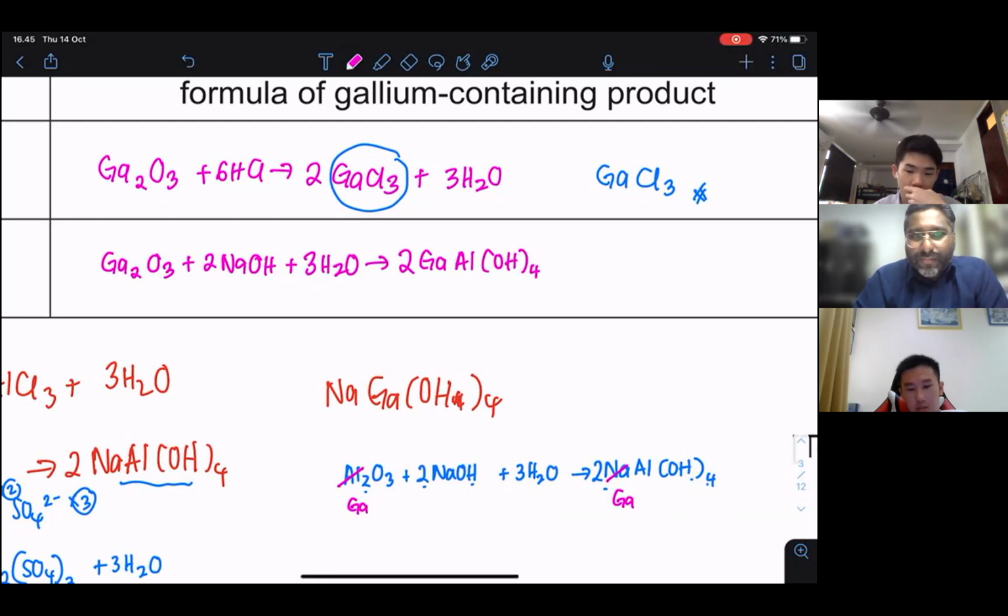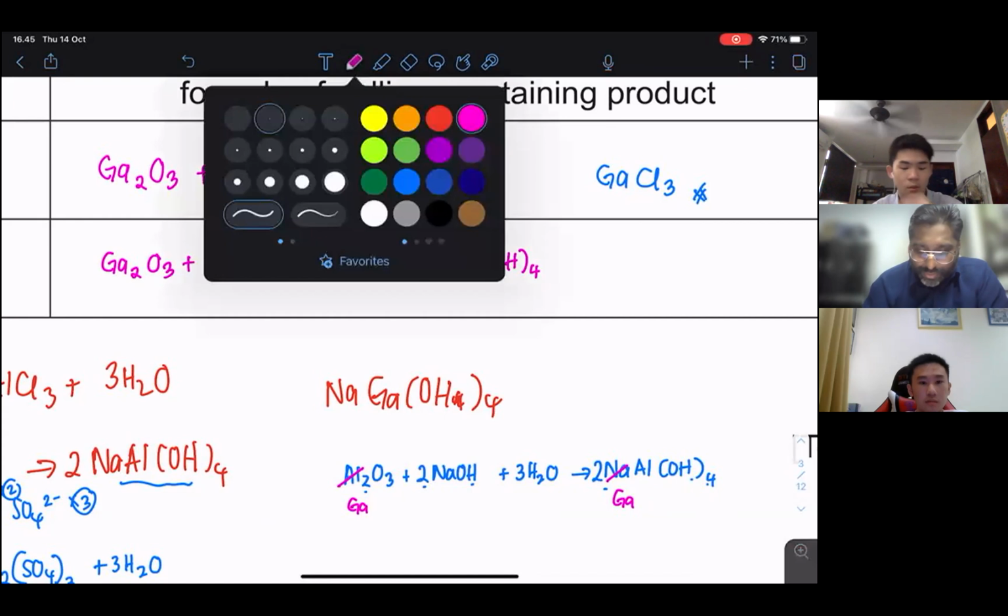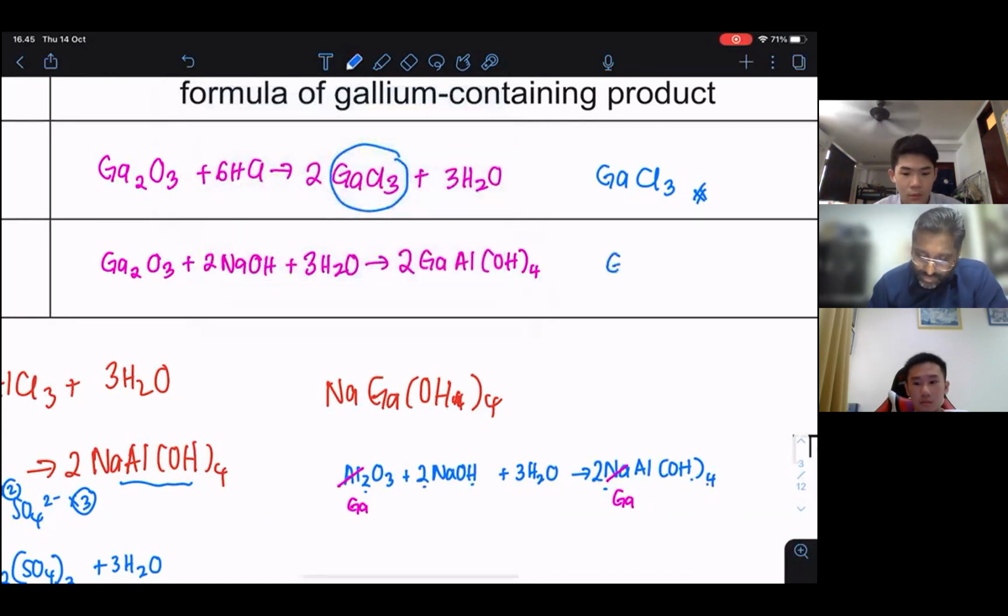So what is the formula of the gallium-containing product that you will have? NaGa(OH)4. This is very, very important.